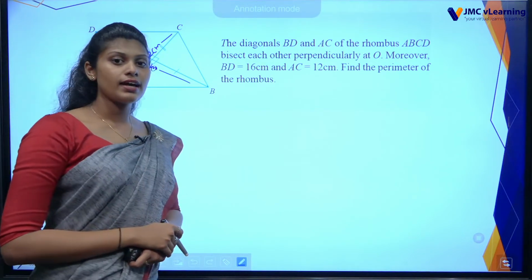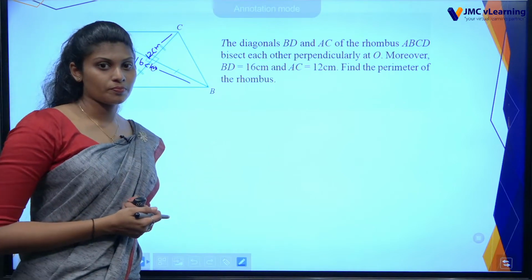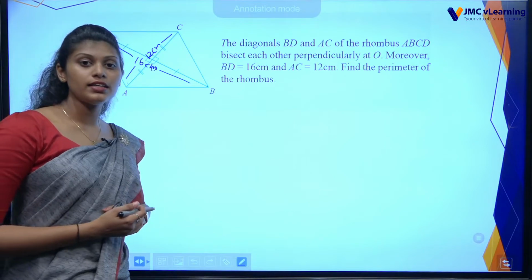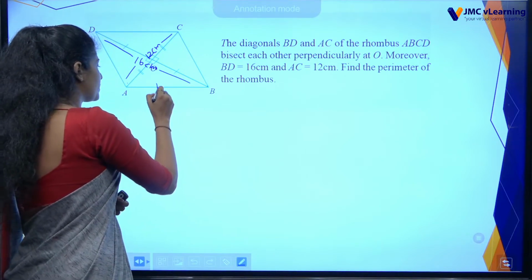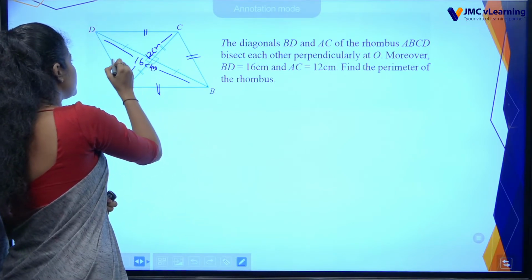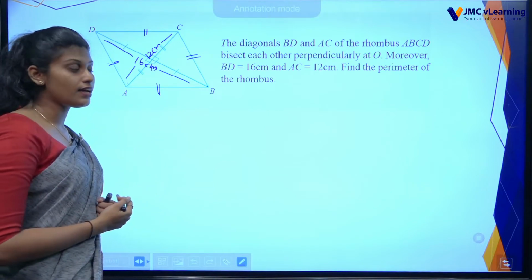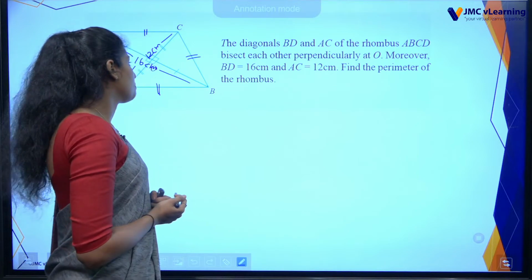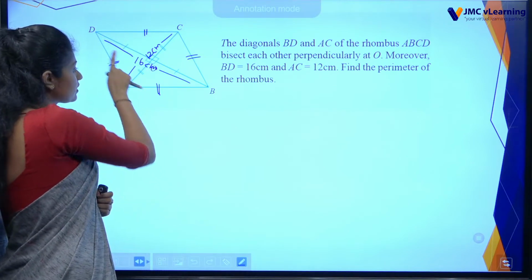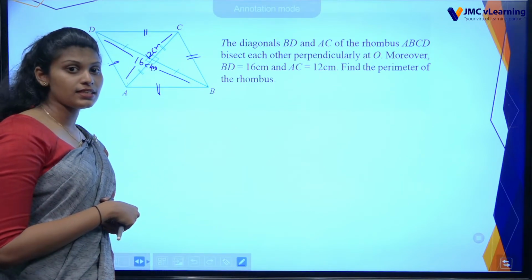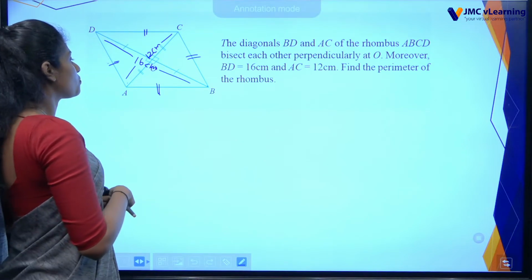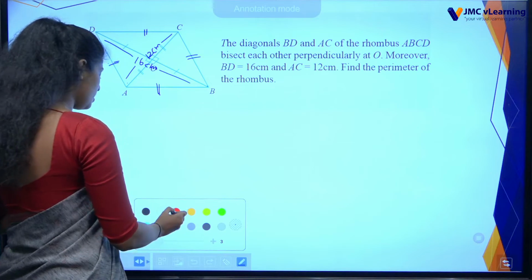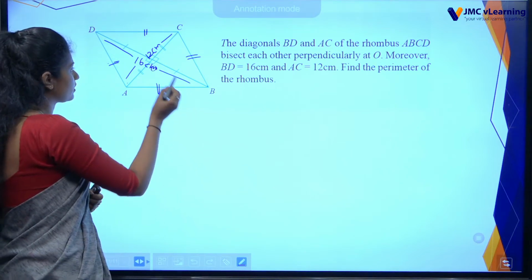So what is the characteristic of the rhombus? In the rhombus, all the side lengths are equal to each other, and the diagonals perpendicularly bisect each other. So BD length is 16 centimeter. Now tell me, what is the length of BO? BO is the half of this length.